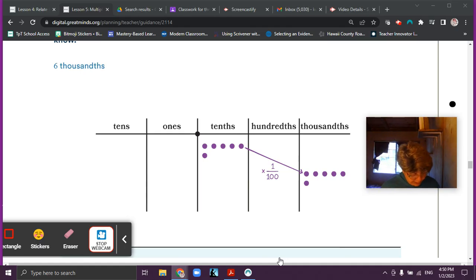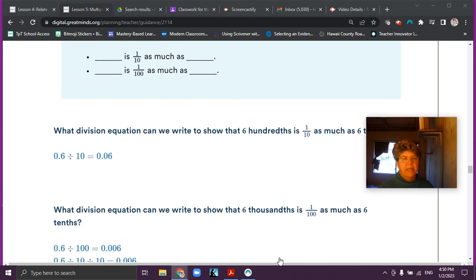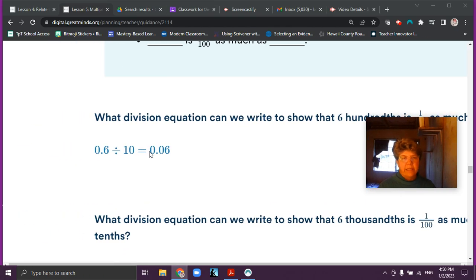What division equation can we write to show that 6/100ths is 1/10 as much as 6/10? Okay, there's a lot of words for you, but basically what we're saying is 6/100ths is 6/10 divided by 10, right?